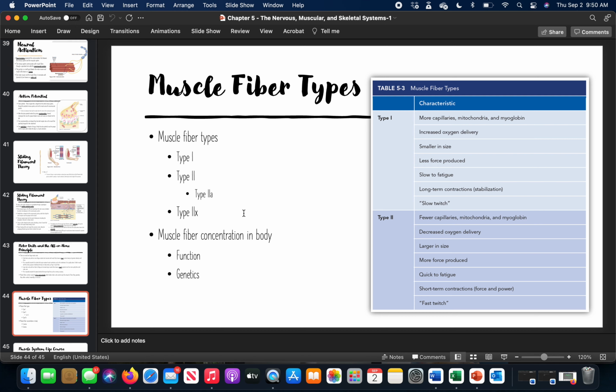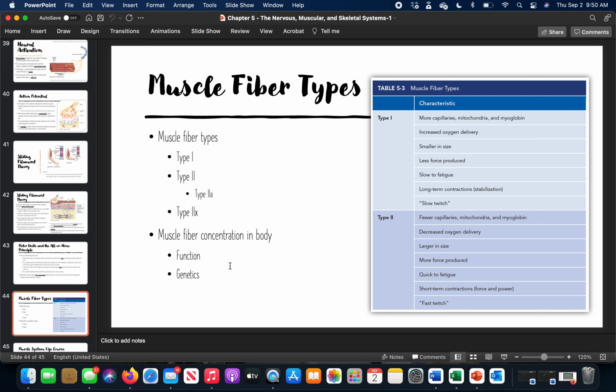It's still very strong and very powerful, but being a hybrid, it won't fatigue out as fast, though it still has a lot of power to it. Depending upon who you are, genetics will make that up. If both your parents played basketball, you might be more type 2 muscle fiber oriented. So genetics will play a part in that.